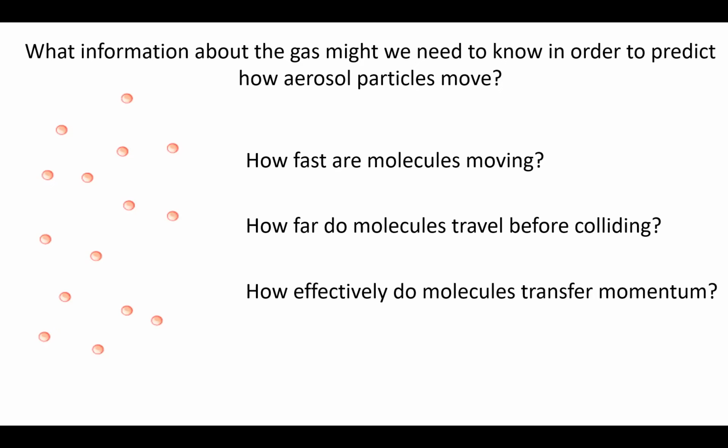And a third thing that we need to know then is how efficiently the molecules are transferring momentum. If that is more or less efficient, that affects then, right, how fast the aerosol particle, which is being collided with, will move.